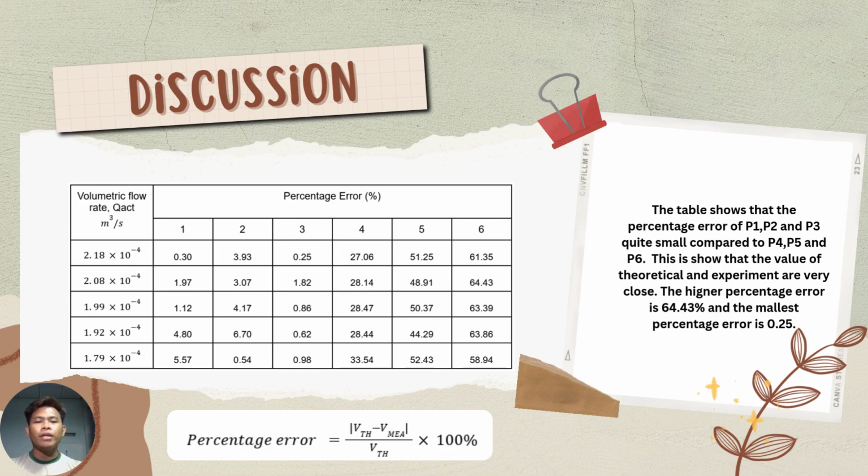So the table showed that the percentage error of P1, P2, and P3 is quite small compared to P4, P5, and P6. This shows that the value of the theoretical and experiment are very close. And the highest percentage error is 64.43, and the smallest percentage error is 0.25.